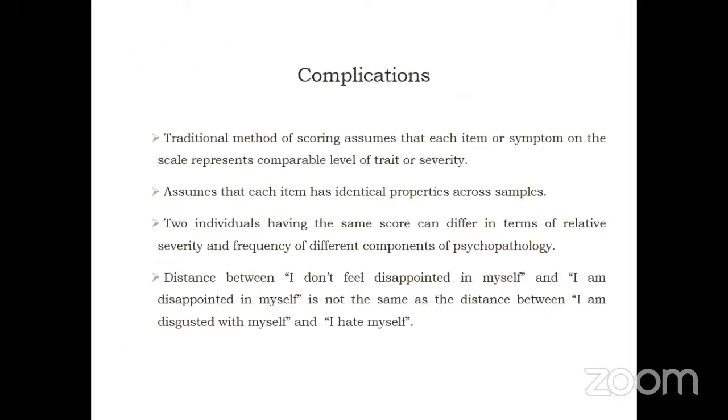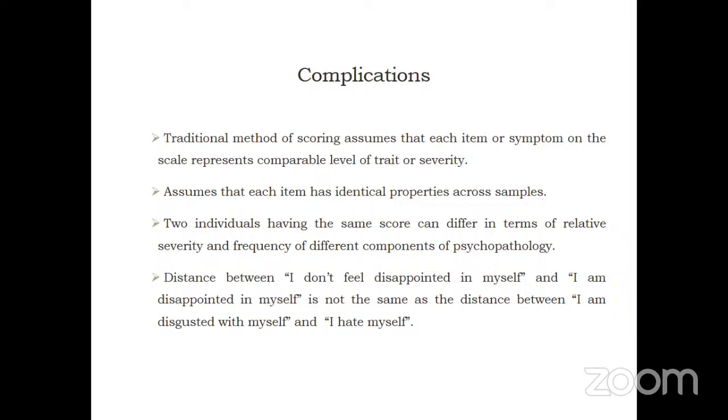So this traditional method of scoring assumes that each item or symptom on the scale represents a comparable level of trait or severity. Also it assumes that each item has identical properties across samples. When you are administering the BDI to all these different populations, we know that it's a very popular scale, and so we are able to administer it to people across the world, right?